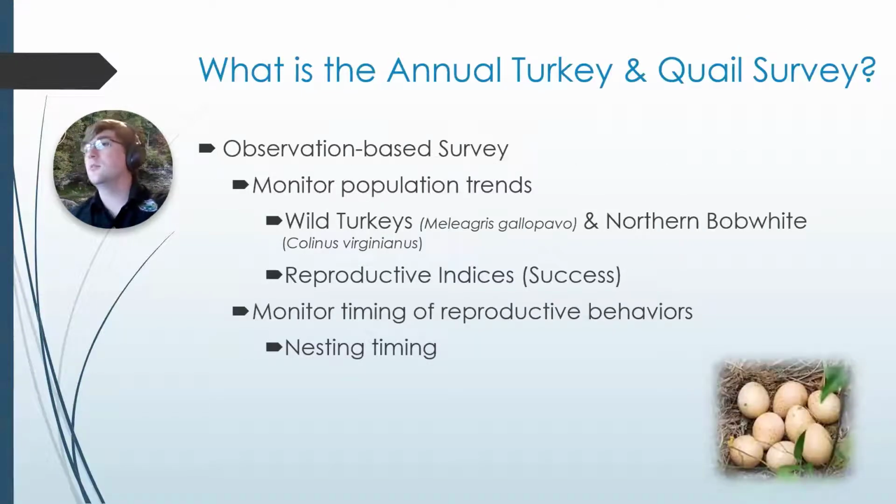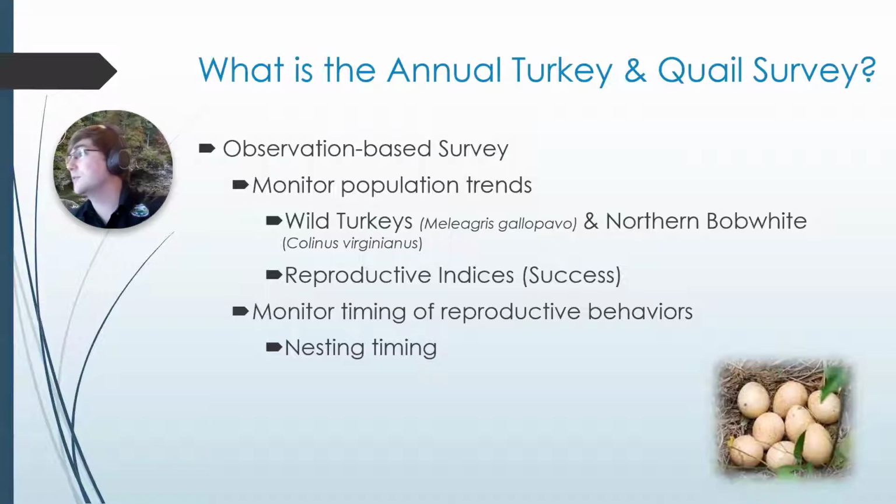And then before I again get into the technology, I want to give an idea of what the annual turkey and quail survey is. So we used to call this survey the brood survey because it is looking more specifically at reproductive indices, but it's an observation-based survey, and it helps us better monitor population trends throughout the state on a yearly basis.